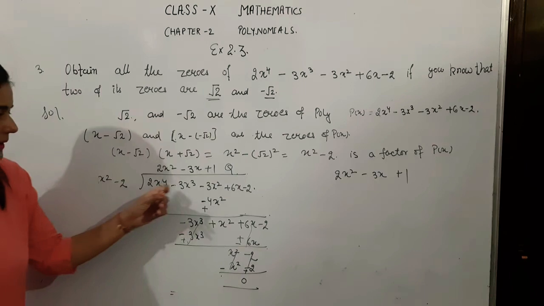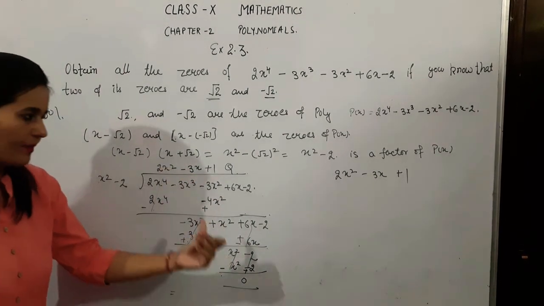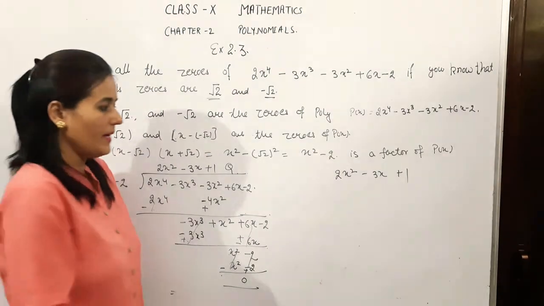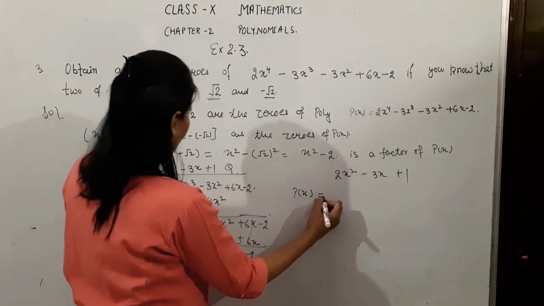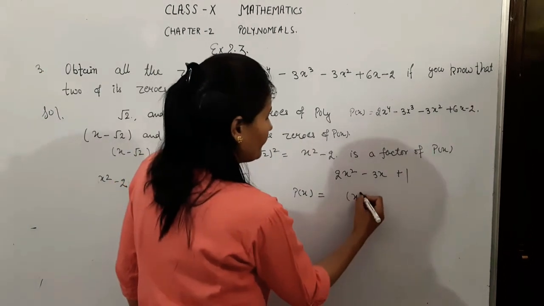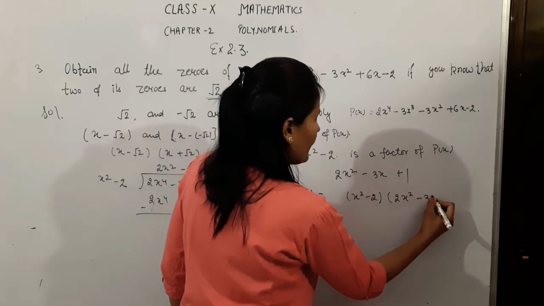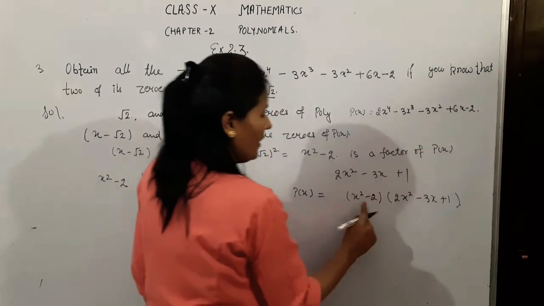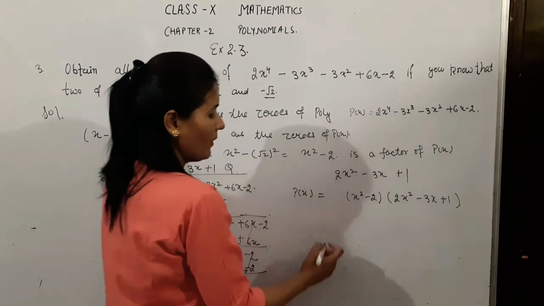Now, dividend is equal to divisor multiply quotient plus remainder. You can use that. Polynomial p(x) is equal to x square minus 2 times 2x square minus 3x plus 1. Dividend polynomial is equal to divisor multiply quotient.